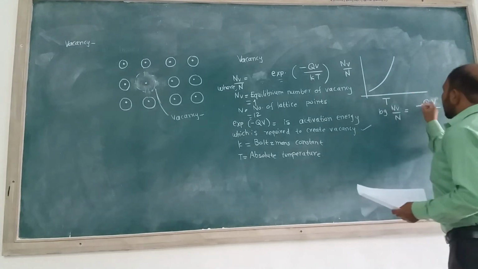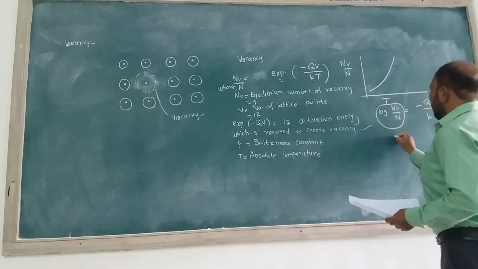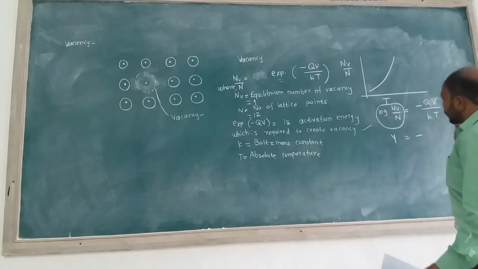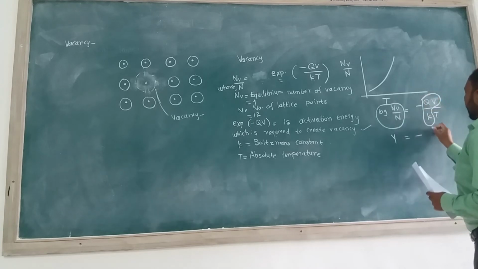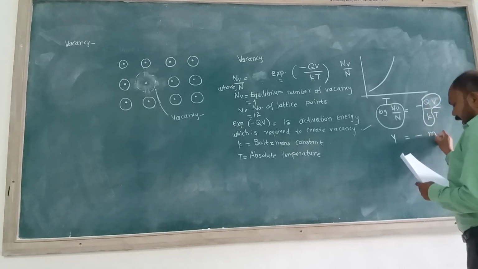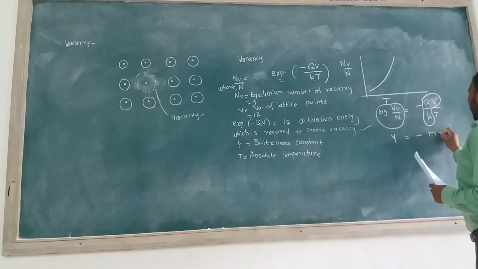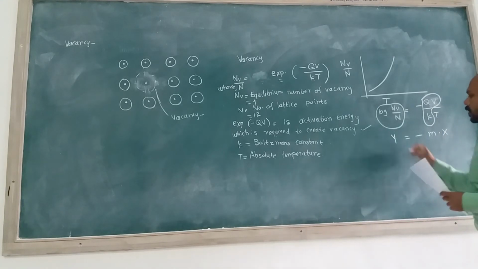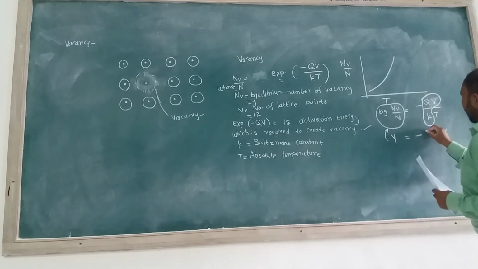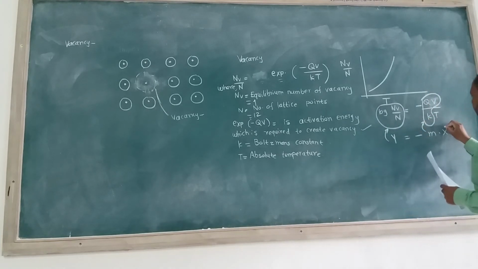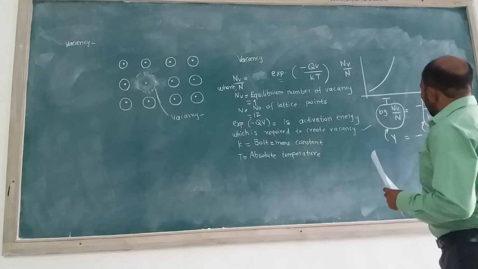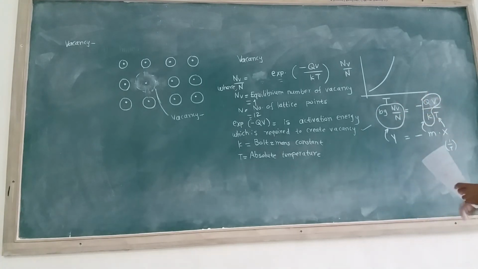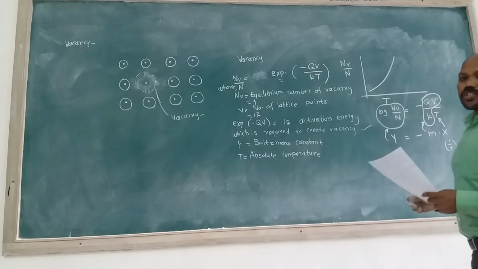How? If we consider this term as y, this minus term like the m term, and 1 upon T as x, then y is this term, m is this term, and x is 1 upon T. So by using this equation, it is possible to plot a straight line.